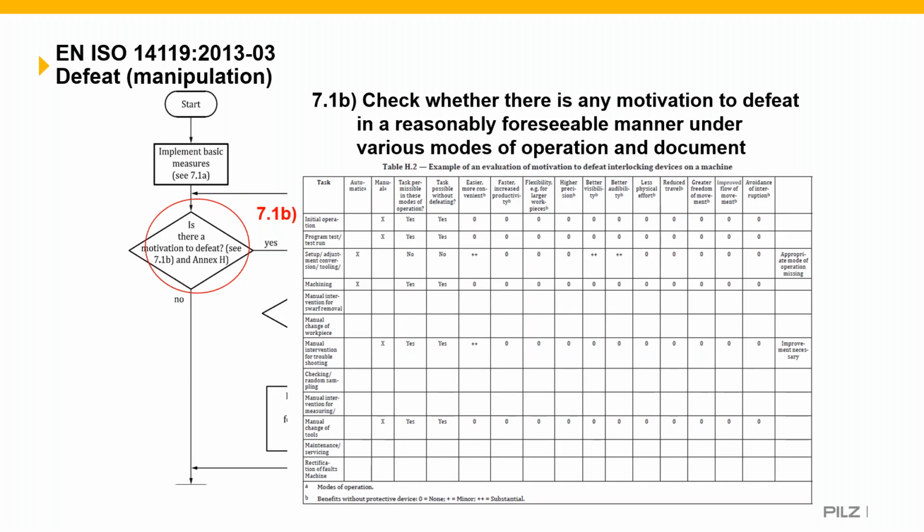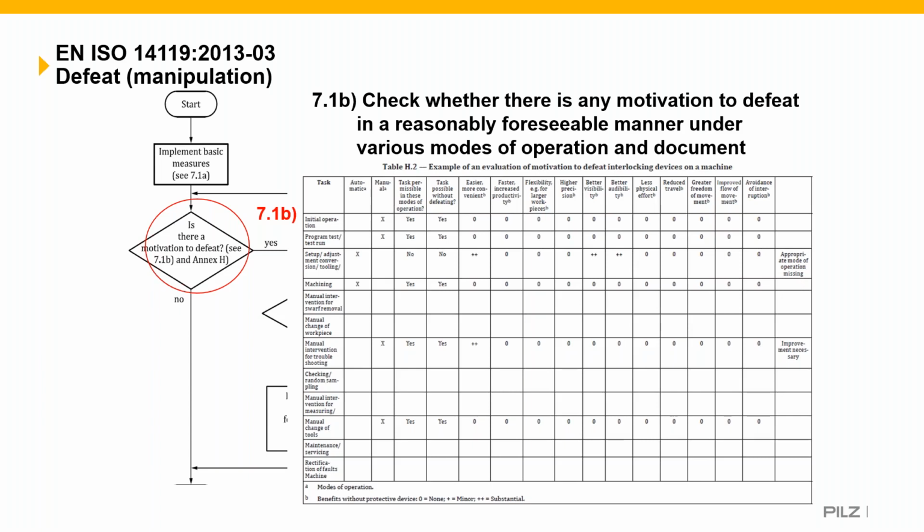Now we've implemented basic measures, we need to check whether the motivation to defeat the interlocking devices in a reasonably foreseeable manner still exists. So we can use clause 5.2 in ISO 12100, which is considering experience of use, along with table H1 in the annex of 14119.